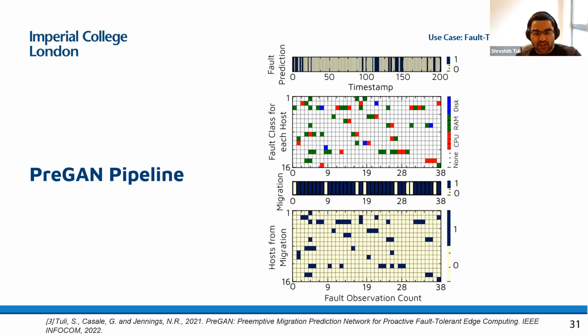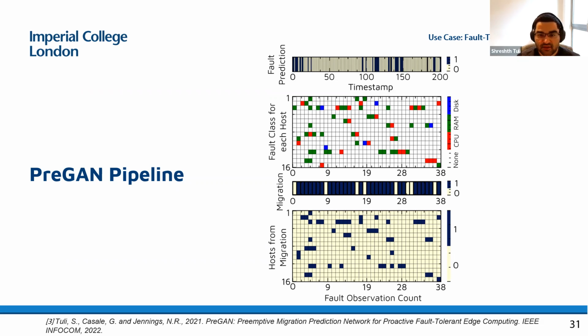The heat map just below shows the fault class prediction for each host, if any. This is either a CPU fault predicted by the model in red, RAM fault in green, disk fault in blue. So these are CPU, RAM, and disk contentions.